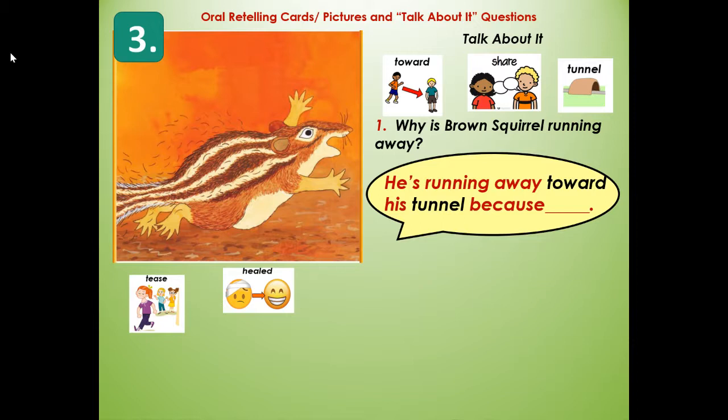And then Squirrel thought quickly and said, but let me apologize first. And so when Bear let go of him, Squirrel ran, and then Bear tried to catch him and scratched him down the back. He's running away because Bear was going to eat him.